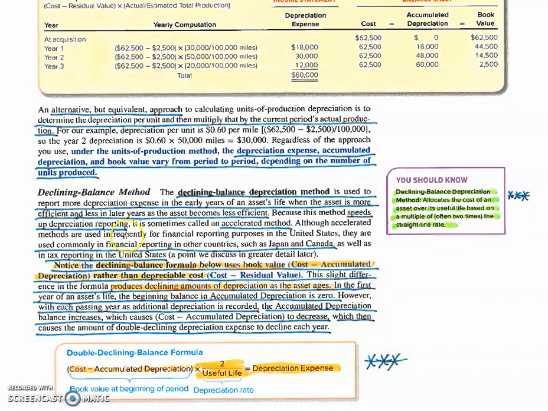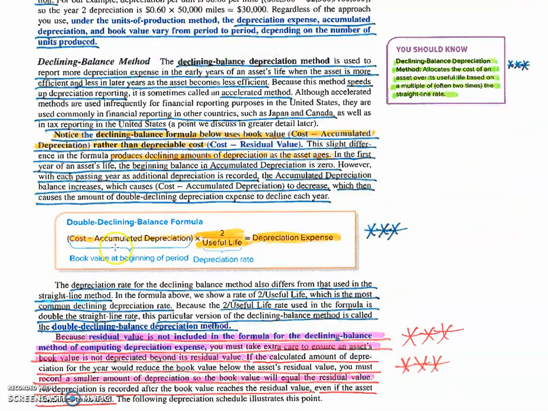Okay, the declining balance method, they walk you through that here. Cost minus accumulated depreciation gives us book value at the beginning of the period. And so we take that times double the straight line rate. So 2 over the straight line. So if our straight line life were 5, 1 over 5 would be 20%.